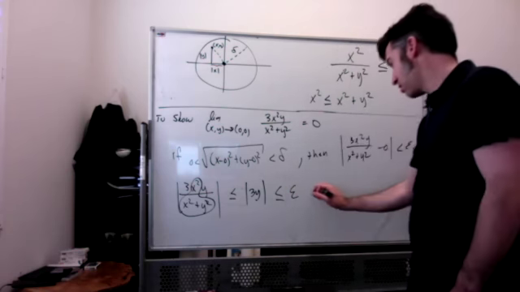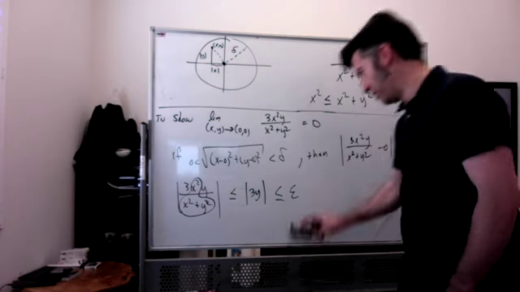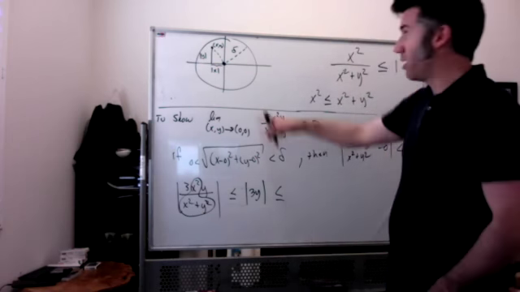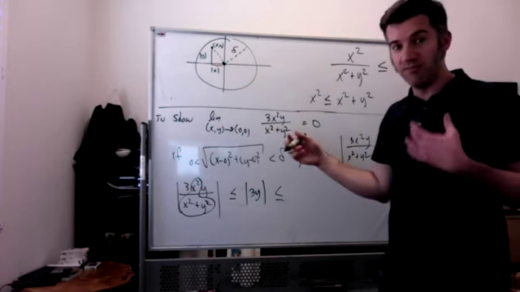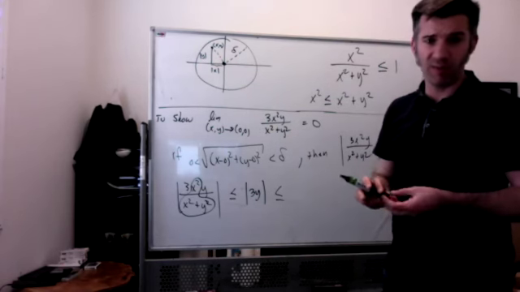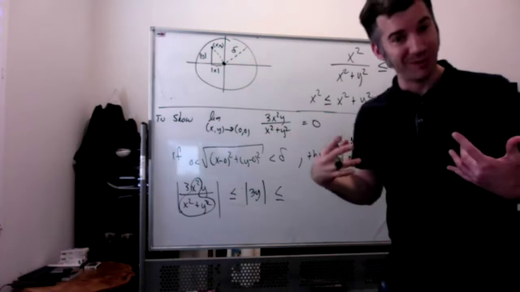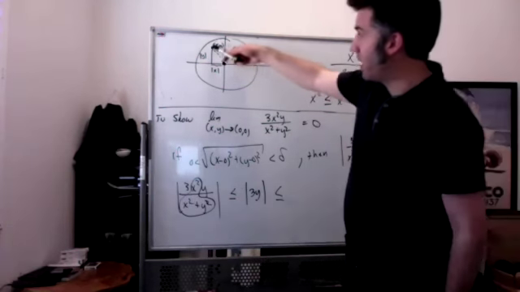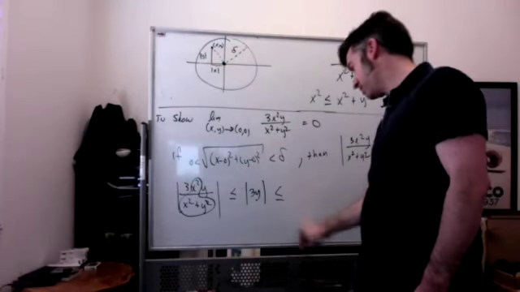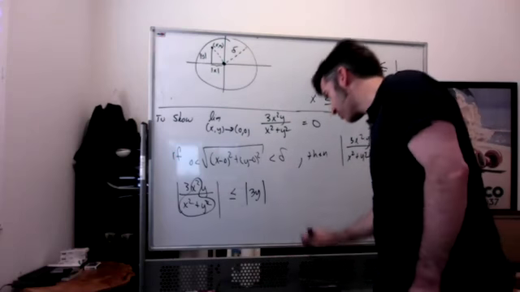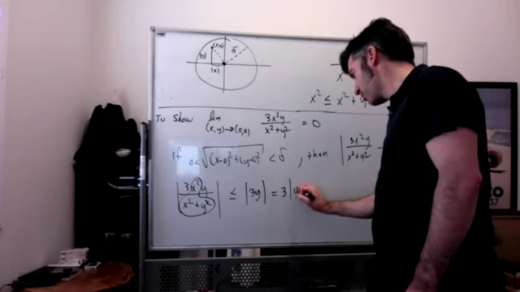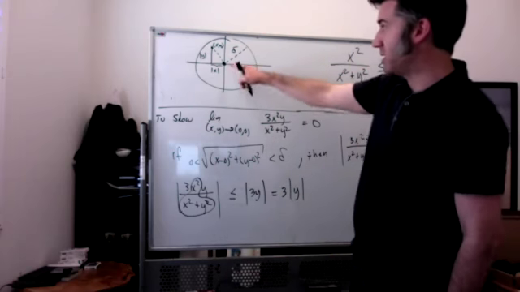But look, I can also say, sorry, I keep erasing this. It shouldn't be too hard to believe that whatever the absolute value of y is, it's definitely less than delta, right?